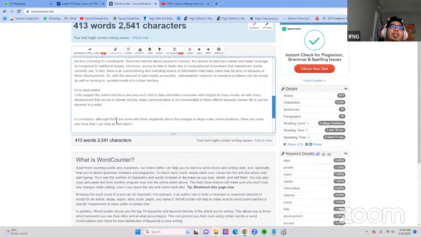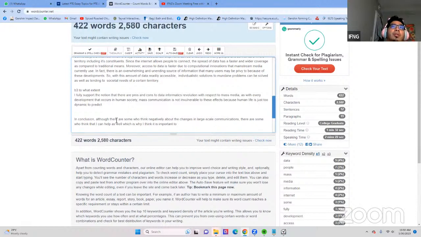Which is why I fully... which is why I think it is important to strike a balance between these two facets of mass media. Which is why it's important to strike a balance, is collocation.